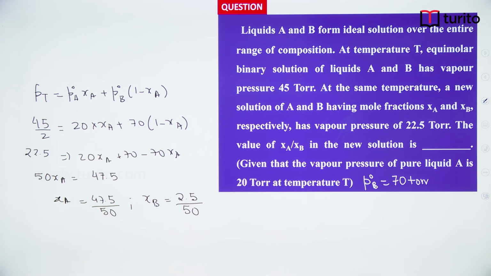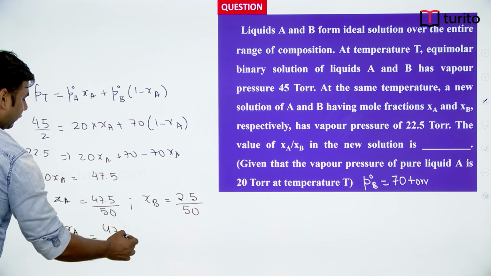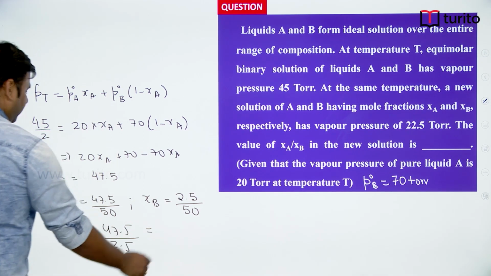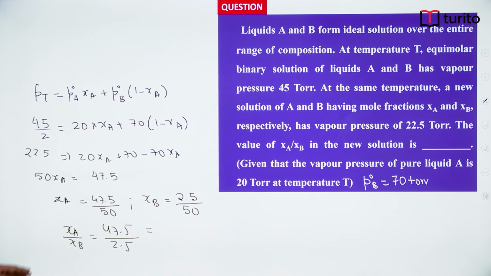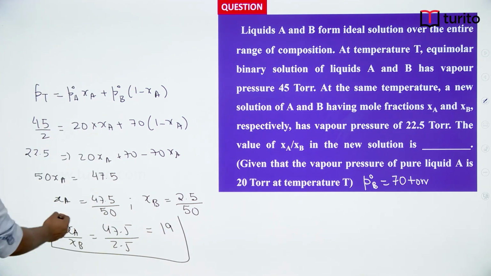Hope this is clear to everyone. Now this is a basic level question. We want to calculate XA by XB. When you divide, this becomes 47.5 upon 2.5, so the 50 cancels out. 25 into 20 is 500, so this is basically 19. So this is your answer: 19.